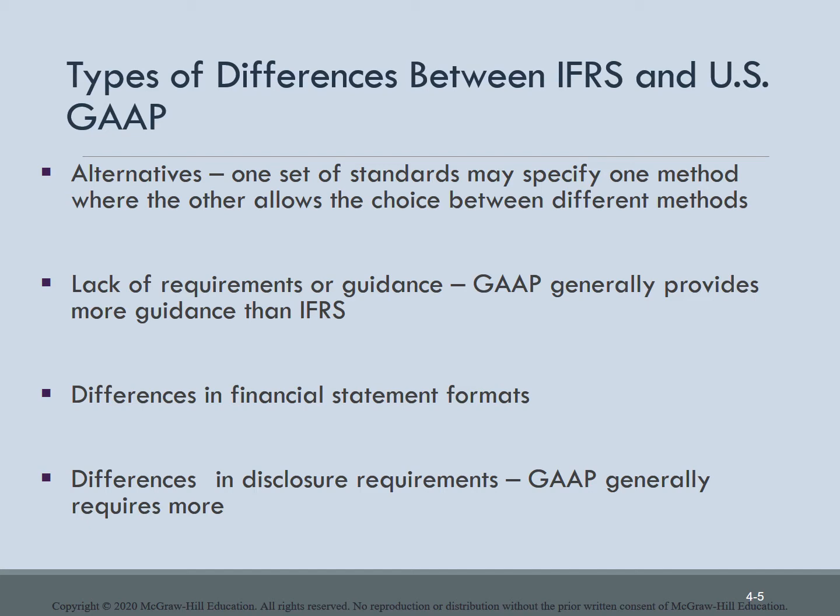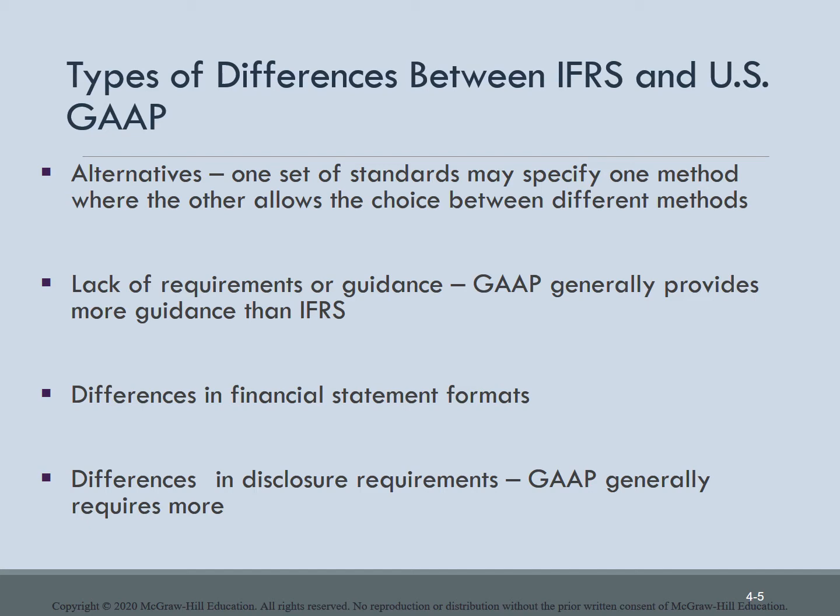We also talked a little bit about the idea that in some cases, one set of accounting standards might require a method where another might give a choice, where it's either required or allowed in some cases. Typically, IFRS is going to be a lot less lengthy and a lot less detailed than US GAAP.